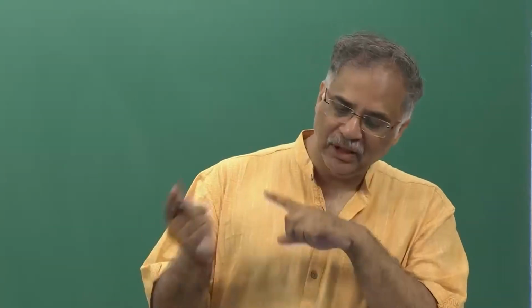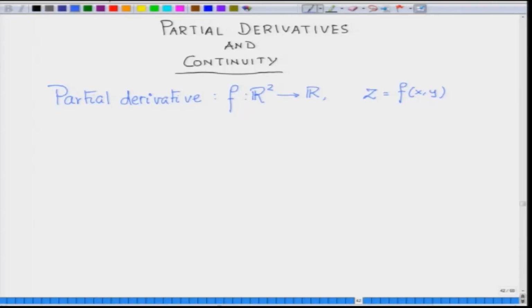You can do the same thing with x: you can fix x and then take a derivative with respect to y. When you take a fixed y and take a derivative with respect to x, we say we have taken a partial derivative with respect to x, and the other one is the partial derivative with respect to y. So, how do I do it?